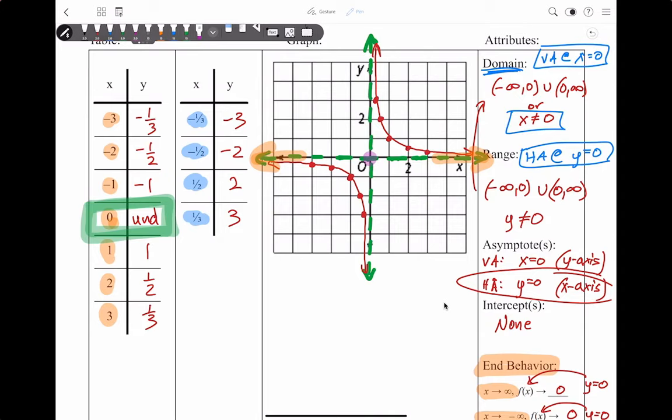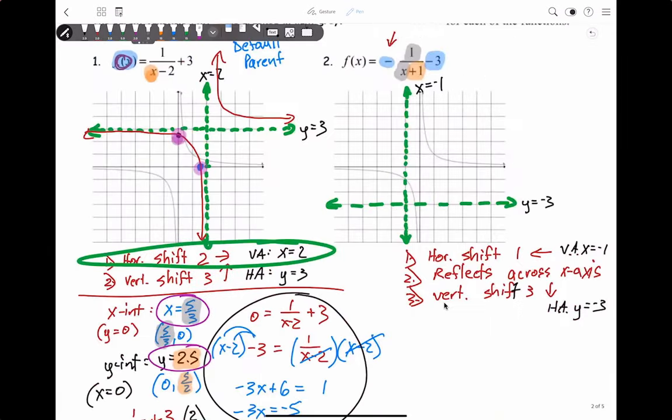But the key points that actually do exist that I'm talking about are these two right here, at 1, 1 and -1, -1. And what I'm going to show you is how you can do transformations just with 1, 1 and -1, -1. These are my key points that I'm going to shift.